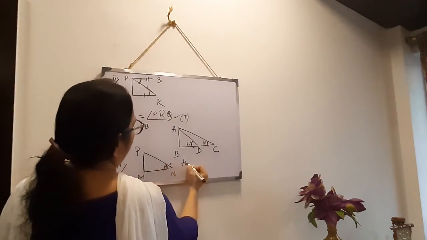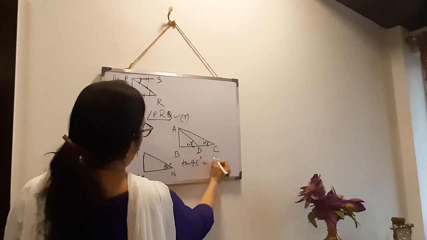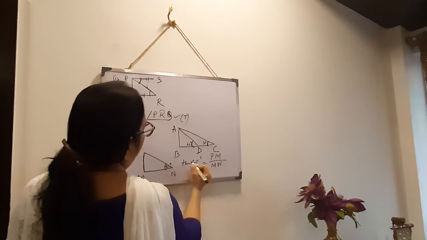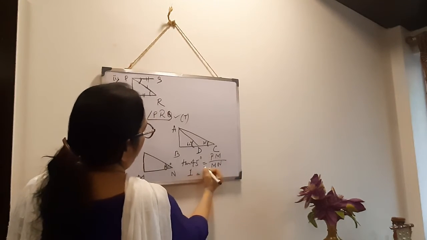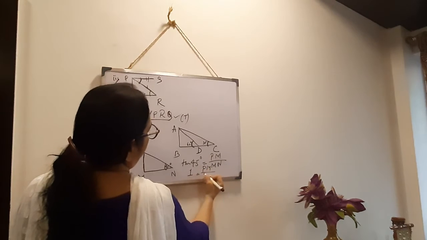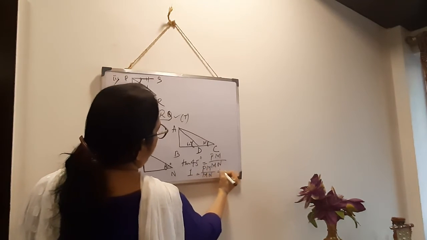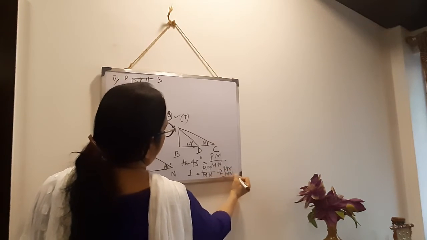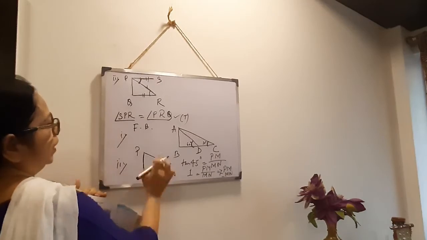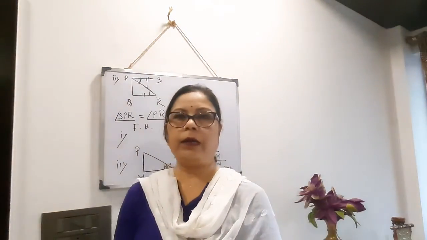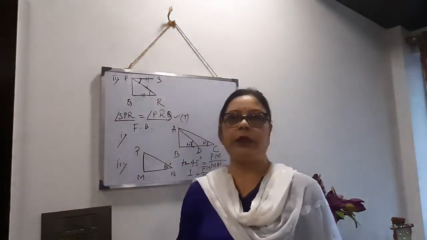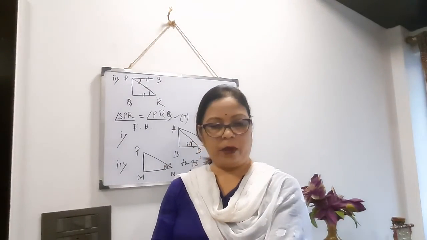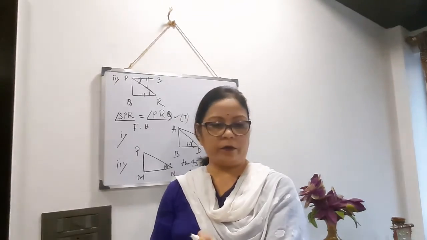How? From here tan 45 degree equals perpendicular by base, and the tan 45 value is 1. So 1 equals PM by MN. From this relation we get PM equals MN. So when the angle of elevation is 45 degree, the length of the object and the length of its shadow will always be equal. In that blank you will write will be equal or same.